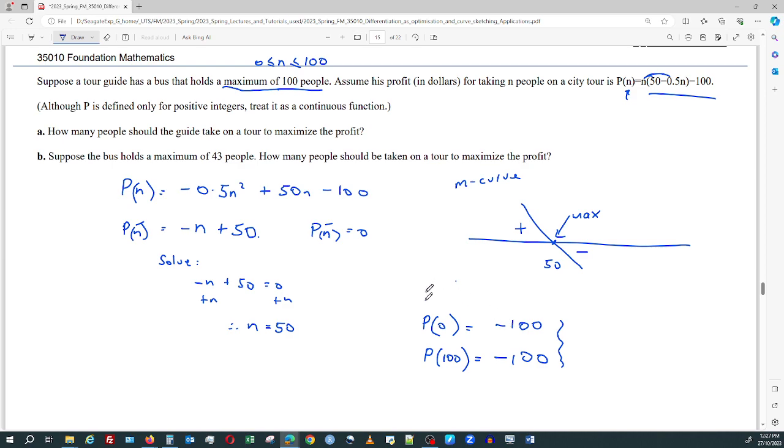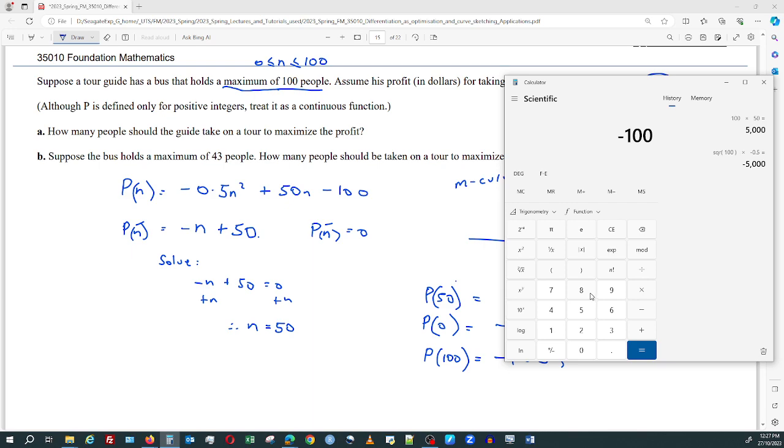And for our P(50), so we're not making any money at the endpoints. With our P(50), that's a maximum. What is the profit? So we need to put that in, using the calculator again. So 50 squared times negative 0.5, pop that into memory. Then 50 times 50, pop that into memory.